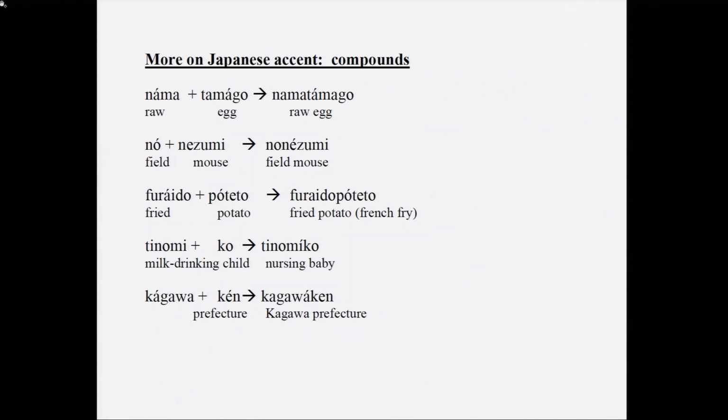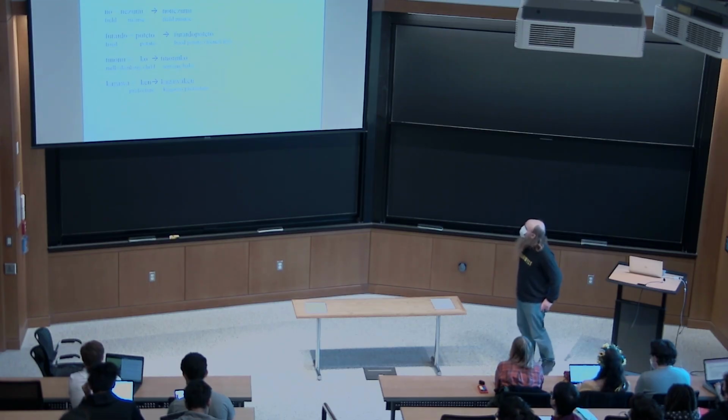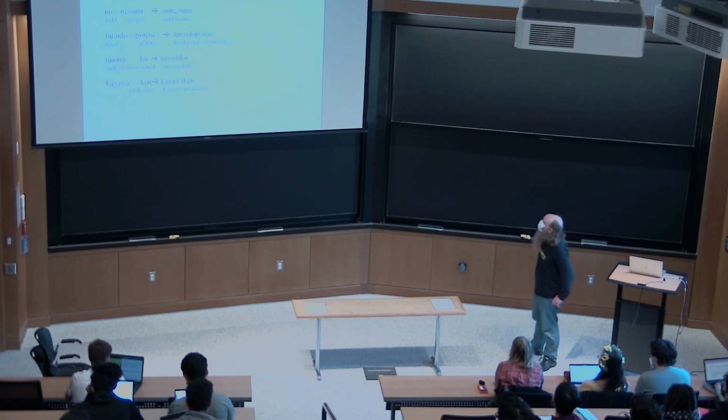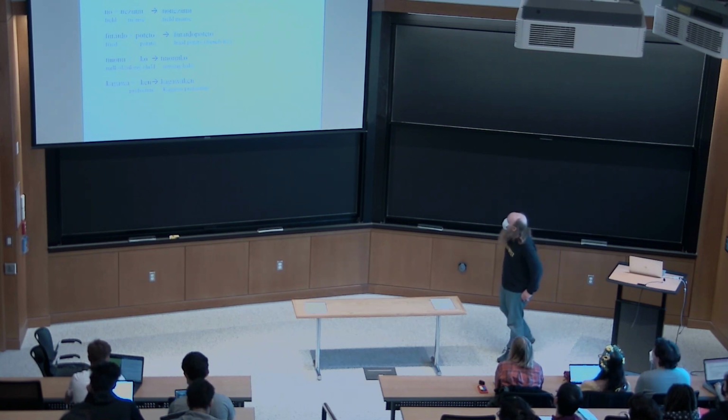The accented syllable doesn't have to be the accented syllable in either of the original parts. Like raw egg, the first example on this slide: raw has an accent on the first syllable, egg has an accent on the second syllable, but raw egg has an accent on the syllable which is not normally accented in egg.